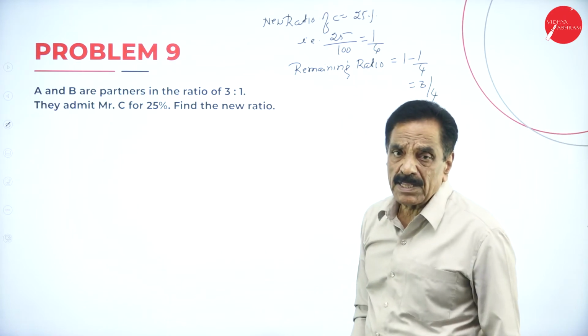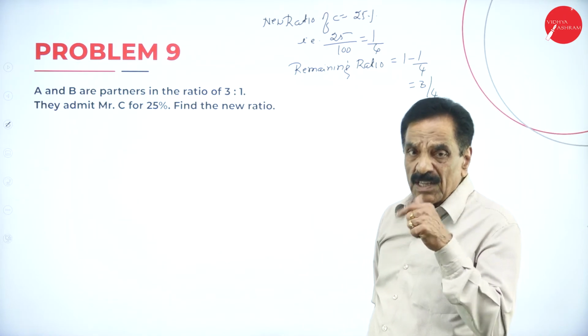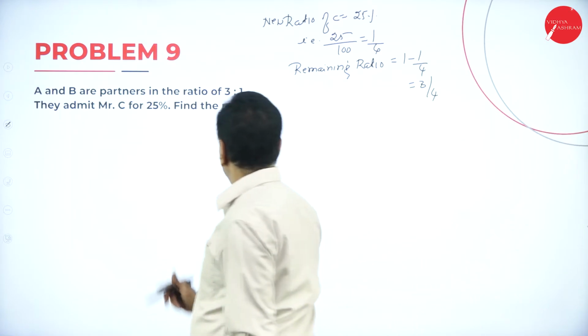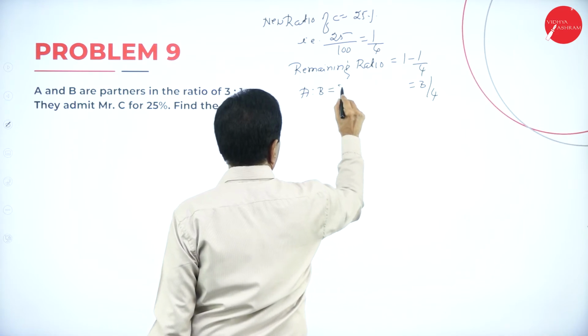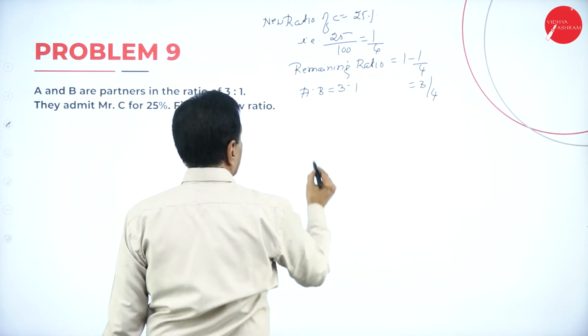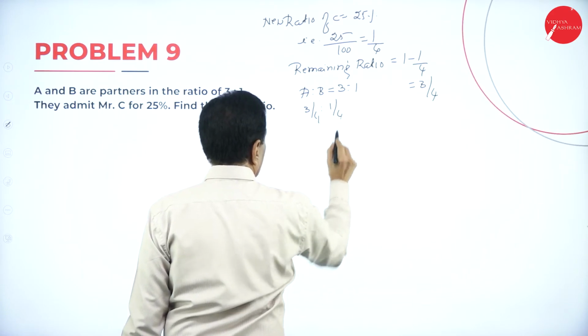We mean to say in mathematics, out of 4, we have given 1 ratio to the new one. What old partners are? A is to B is equal to 3 is to 1. Therefore, A 3/4 is to 1/4.